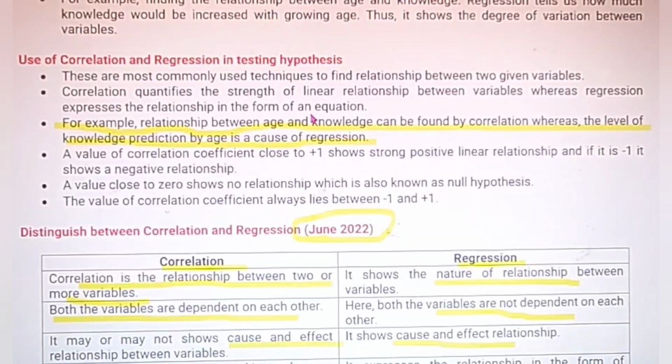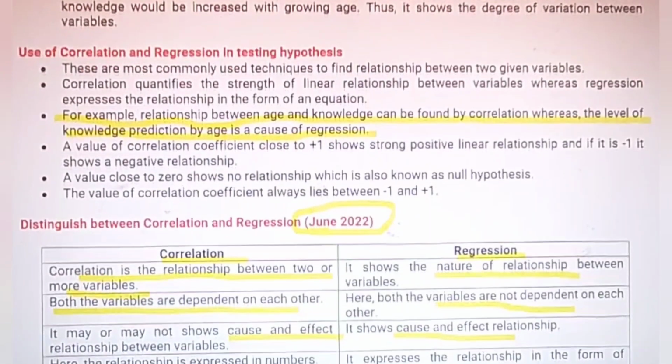As we know, with age we grow our knowledge. So the relation between these two variables can be found or represented by correlation. But how much knowledge we acquire during the age, that is the matter of regression.